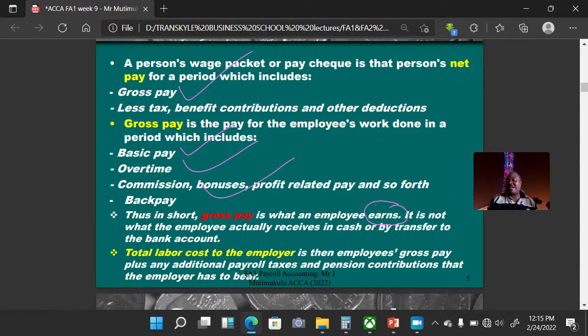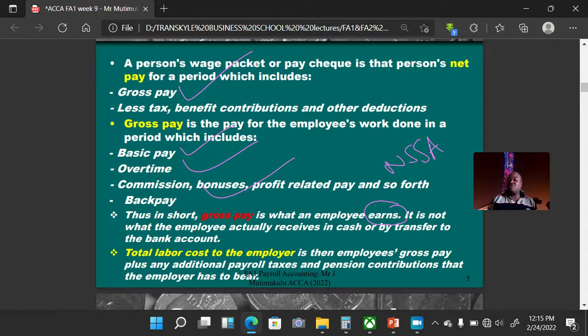Particularly, we use NSSA, the National Social Security Authority. These are the ones responsible for pension contributions in Zimbabwe.